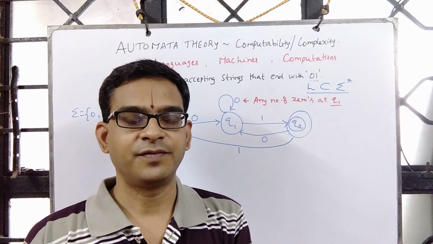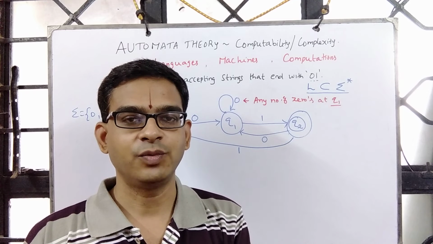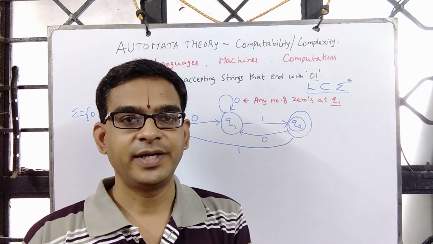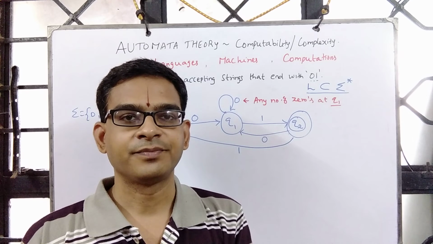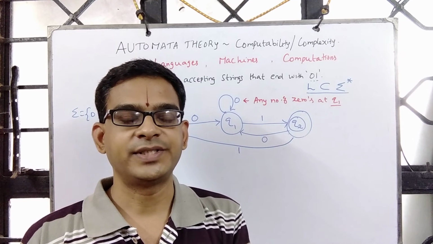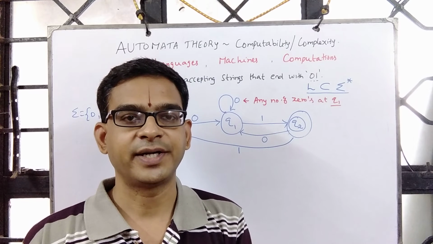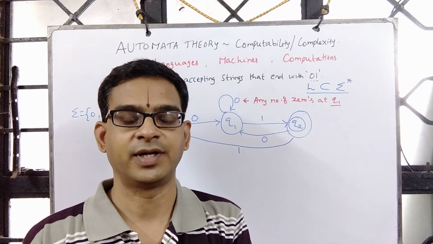So the machine can move only in one direction from left to right, and it can only read a character at a time, and it moves from one state to another state, or it stays in the same state. With that, it maintains some partial information about what is being computed so far.